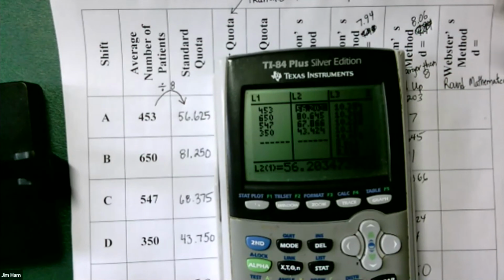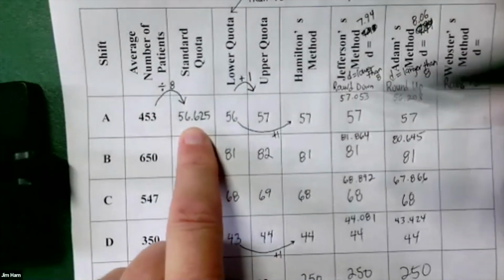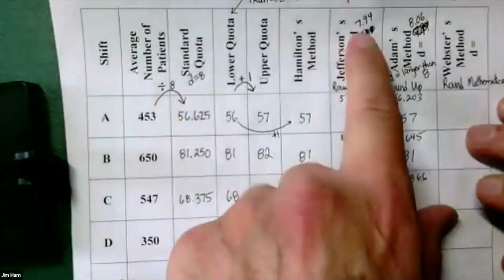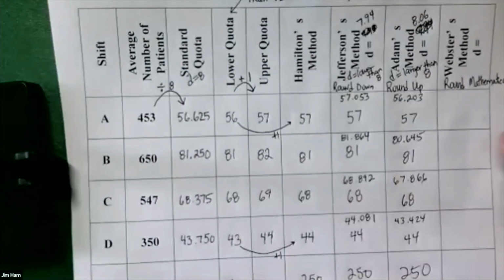So what we can do is just round. We have 3 columns of rounded numbers. This one here is if D is equal to 8. This one here is if D is equal to 7.94. And this one here is if D is equal to 8.06. What we first should do is just to see if any one of those columns would work.